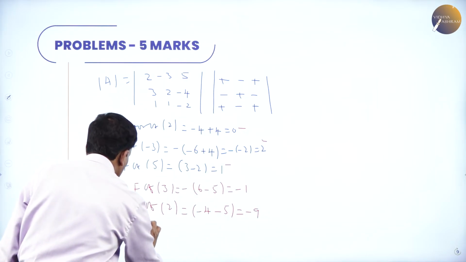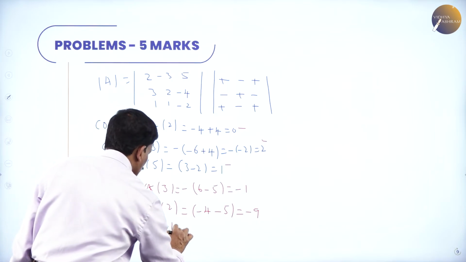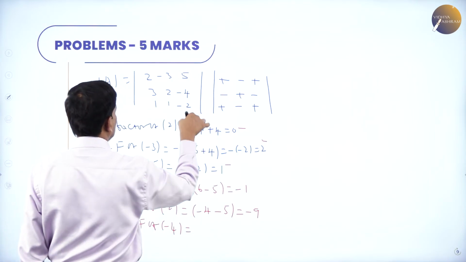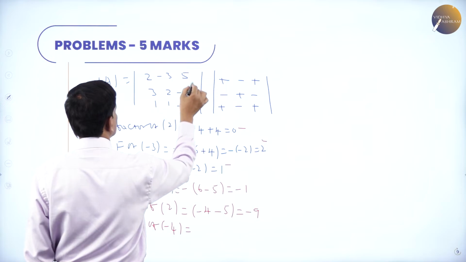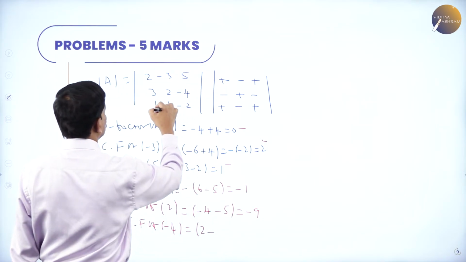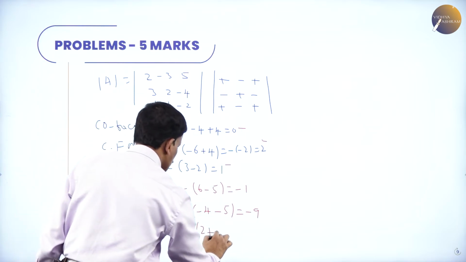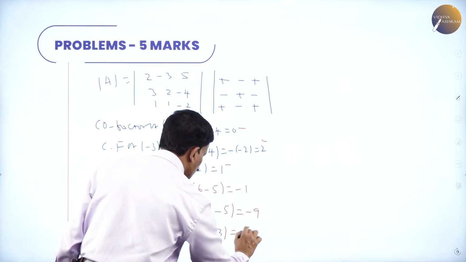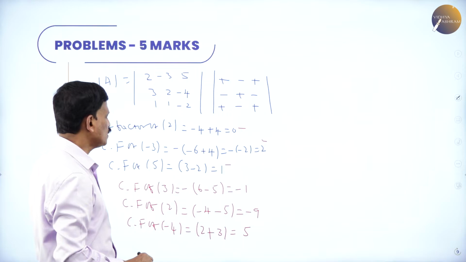Again, cofactor of minus 4: this row and column is gone, 2 ones are 2, minus into minus plus 3, this is equal to 5. So minus 1, minus 9, 5.